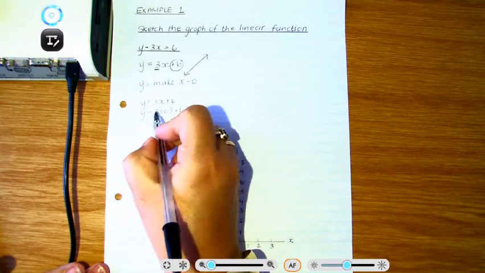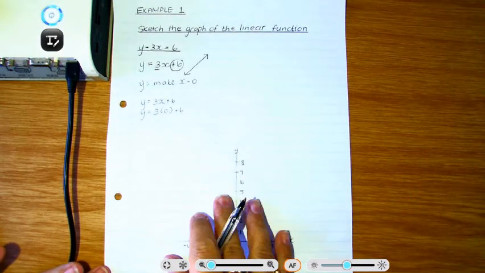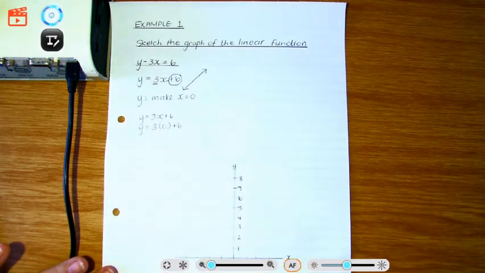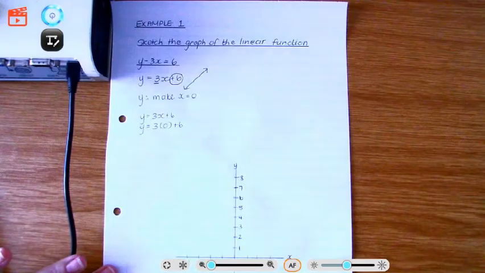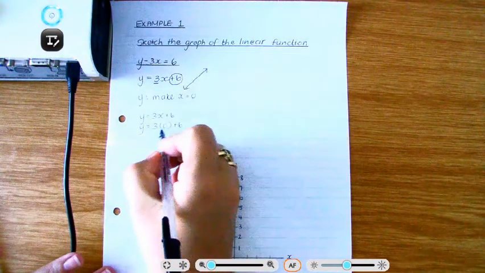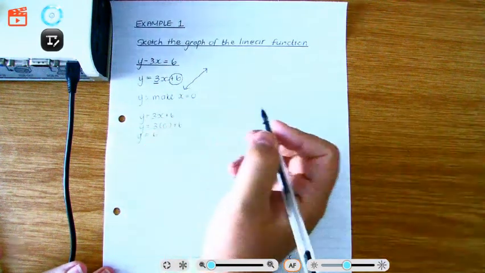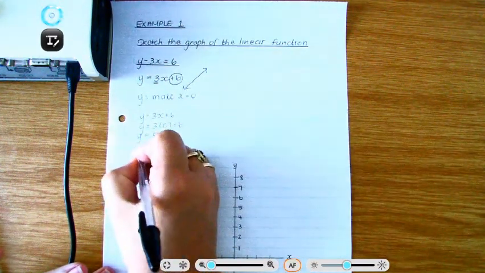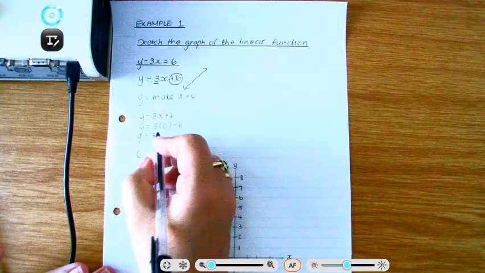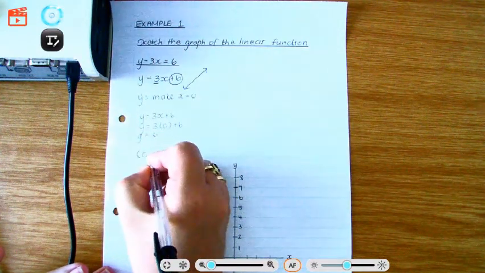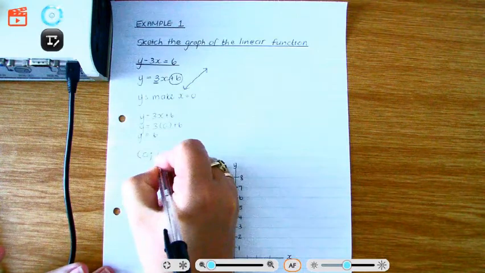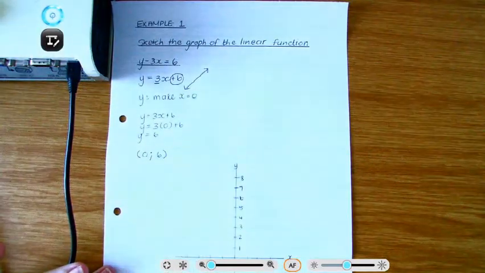And we know that 3 times 0 is 0, and 0 plus 6 is 6. So we get y is equal to 6. And we write that as a coordinate. So our coordinate, the x value was 0 and the y value is 6. So there we have our first coordinate.